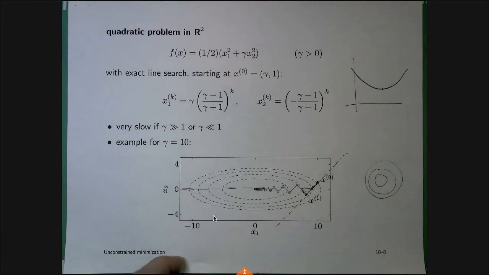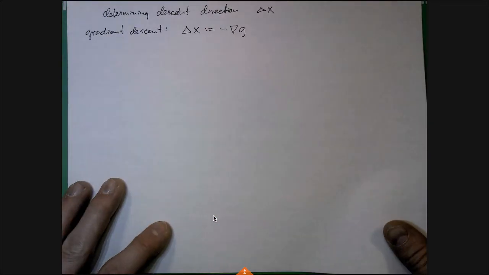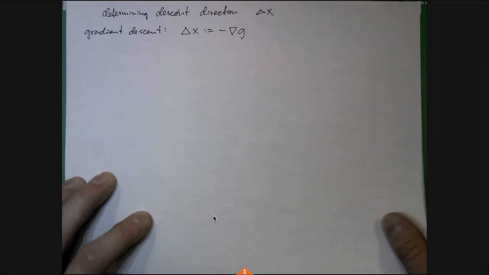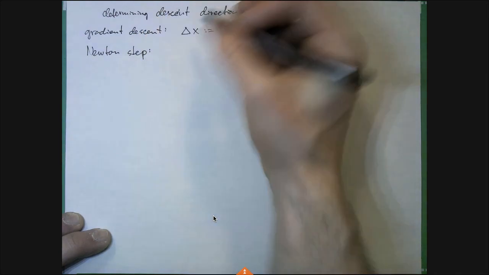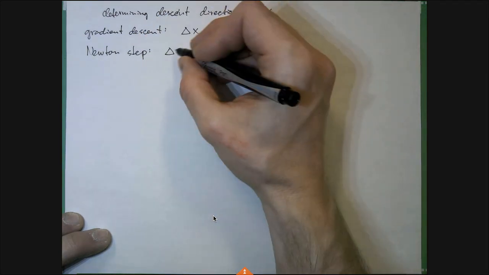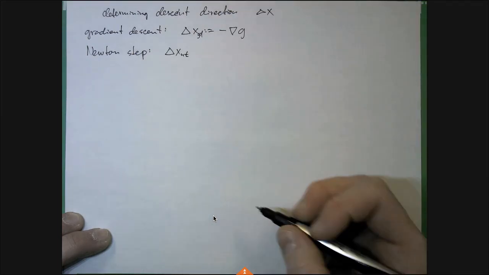Okay, so the way we get around this problem is by employing Newton's method, which essentially provides us with a better descent direction. We call it the Newton step, x Newton, maybe as opposed to GD, gradient descent.